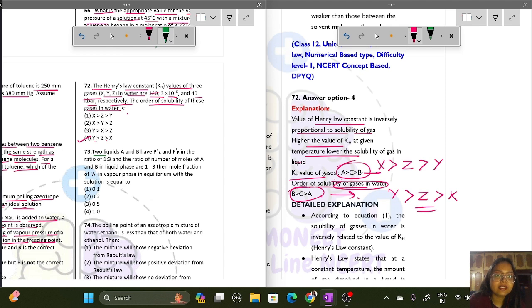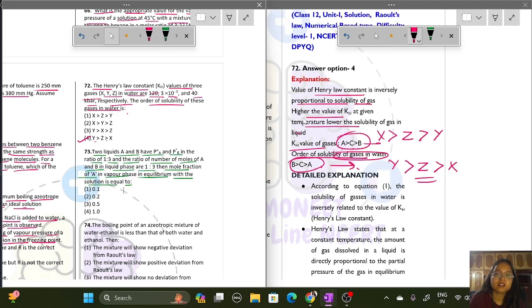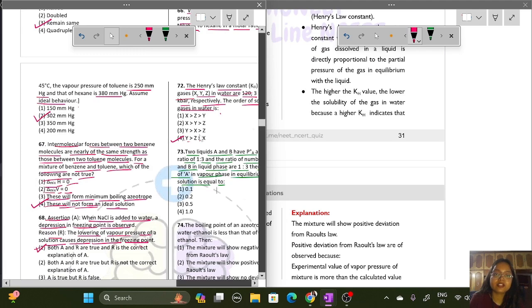Question number 73 says two liquids A and B have PA naught and PB naught in the ratio of 1:3, and the ratio of number of moles of A and B in liquid phase is 1:3. Then the mole fraction of A in vapor phase in equilibrium with the solution is equal to what? Let us understand the question.